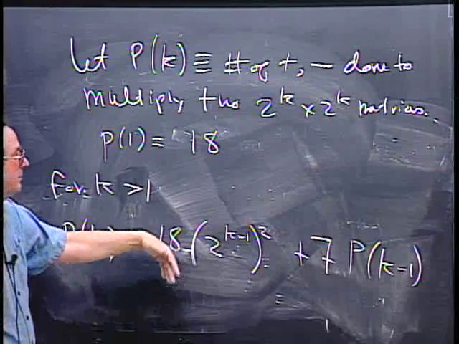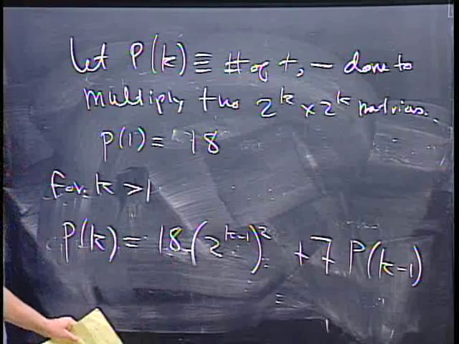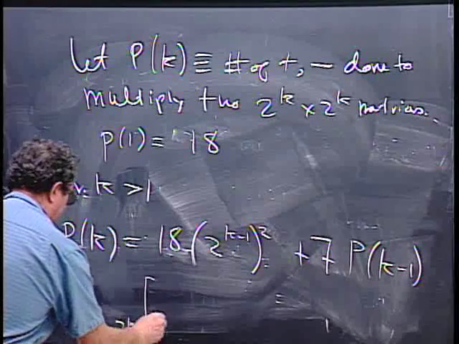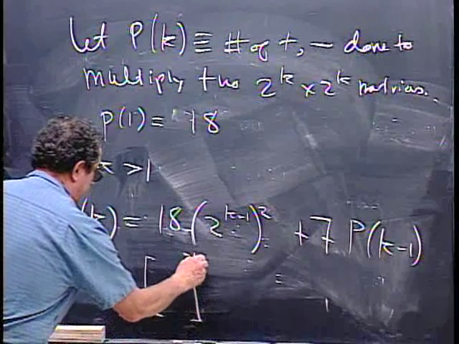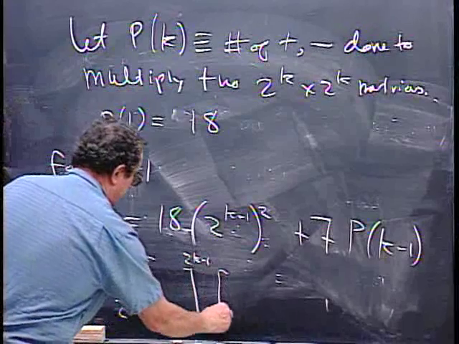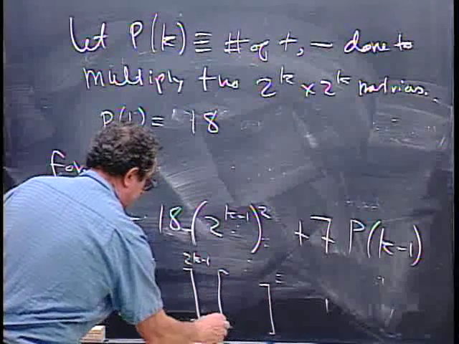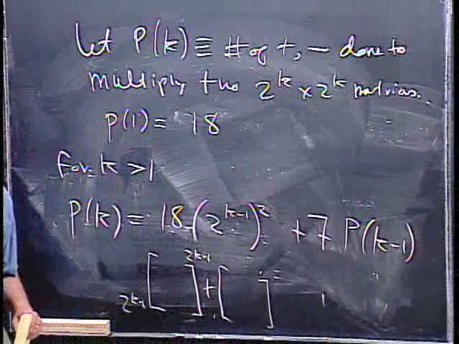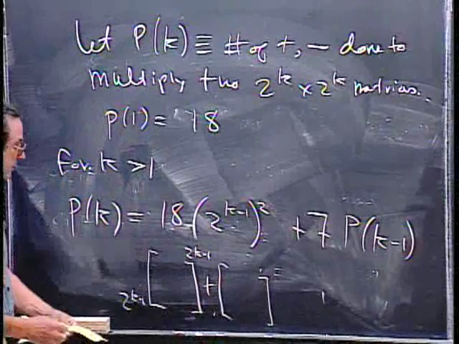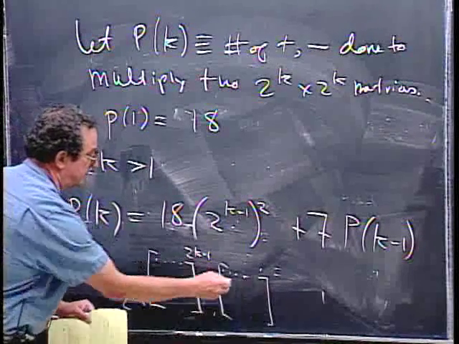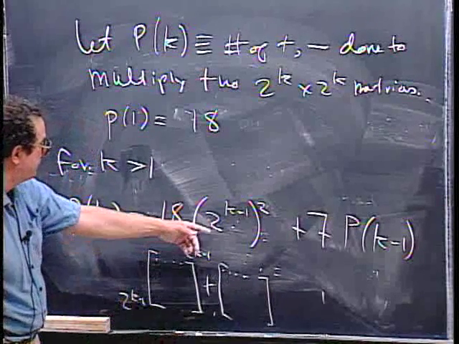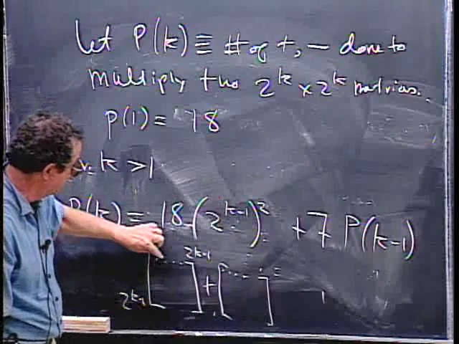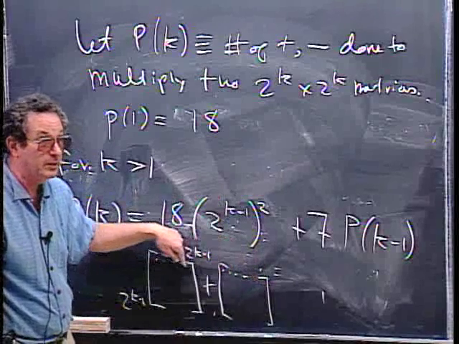But now when we're talking about two matrices of dimension 2 to the k minus 1 by 2 to the k minus 1, when we're adding two matrices of those dimensions, how many individual scalar additions are actually happening there? It's (2 to the k minus 1) squared individual additions that are happening there.